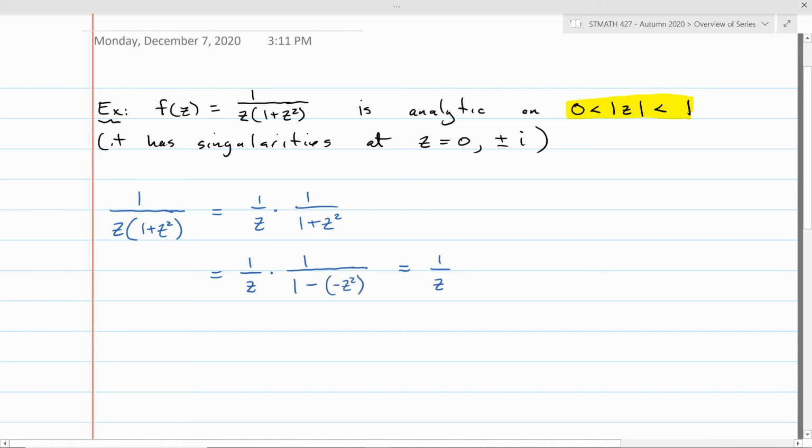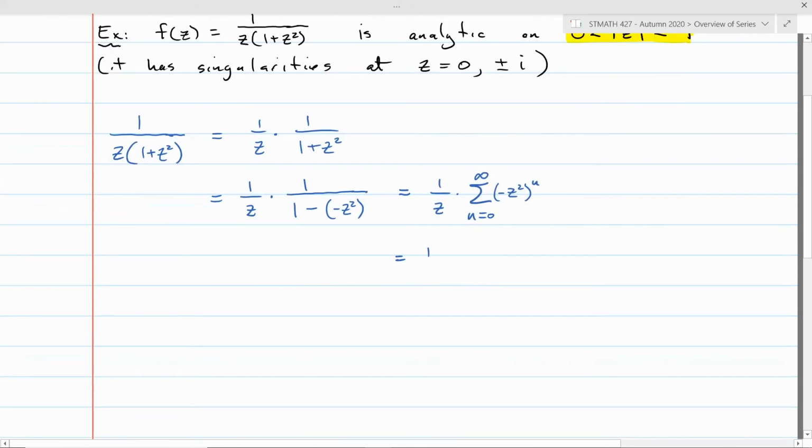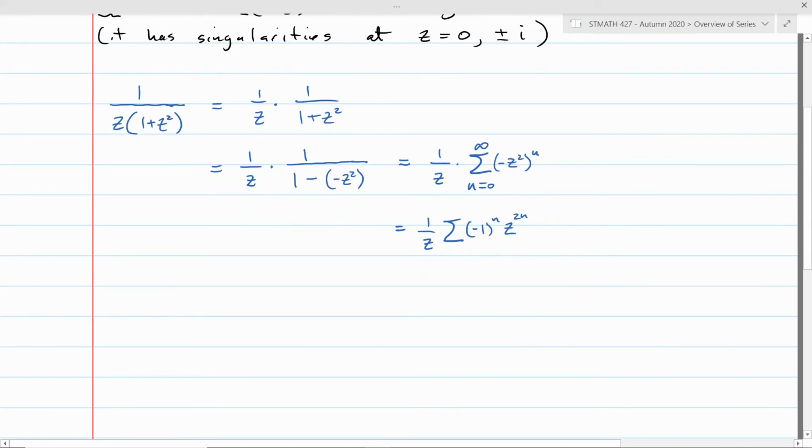And then that equals, using what I know about the geometric series, the series n equals 0 to infinity of negative z squared to the n, which I can write as 1 over z times the sum of negative 1 to the n, z to the 2n. And this is true whenever the modulus of negative z squared is less than 1. But we also know that z can't be 0 because of that fraction 1 over z. And so this is true just when mod z is between 0 and 1.